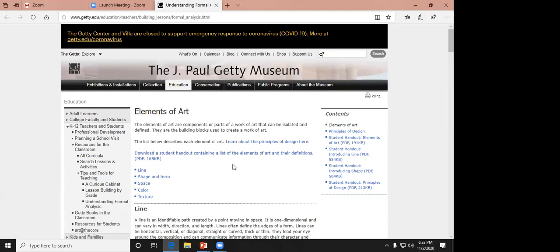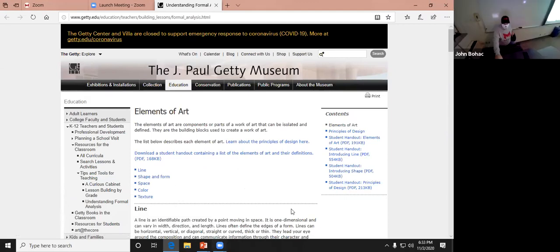Thanks, Robin. And so formal analysis is really the elements of art that are components of a work that can be isolated and defined. Now you got to take that differently than the symbols.